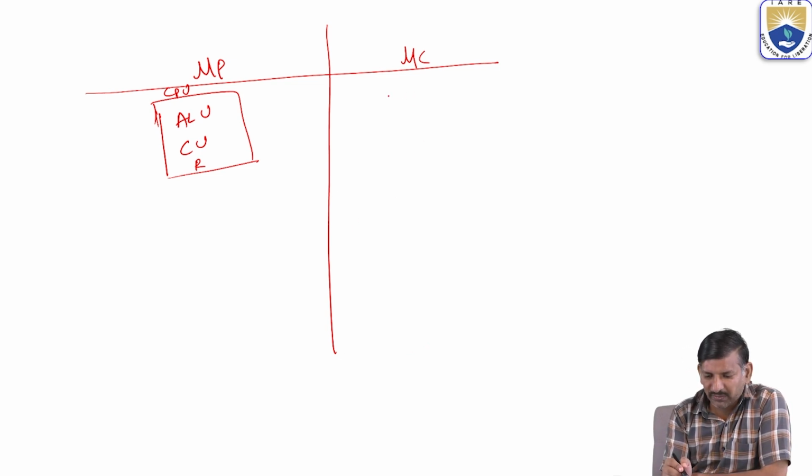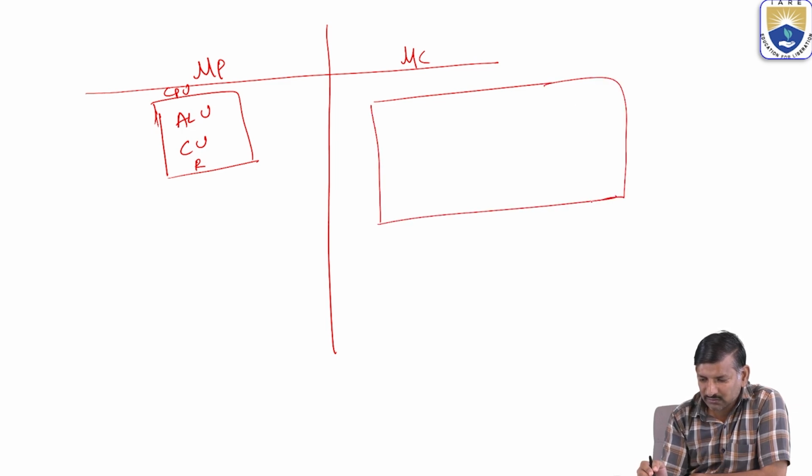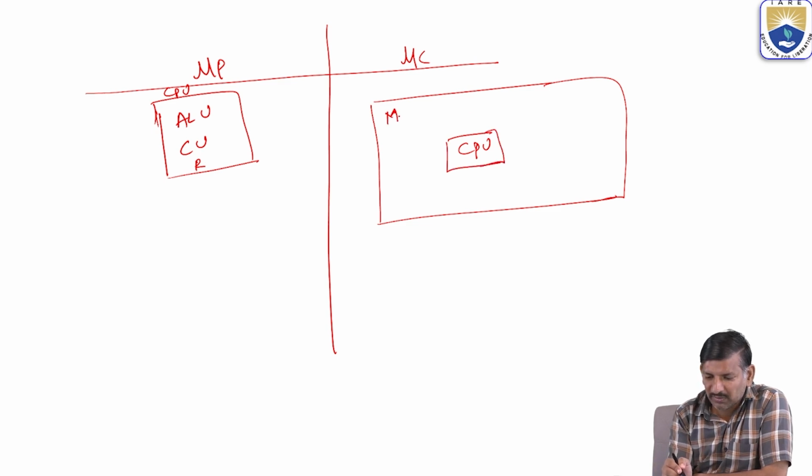The microcontroller contains a CPU, and along with the CPU it contains memory for storing the instructions, input devices for capturing the information, and output devices for monitoring and controlling.